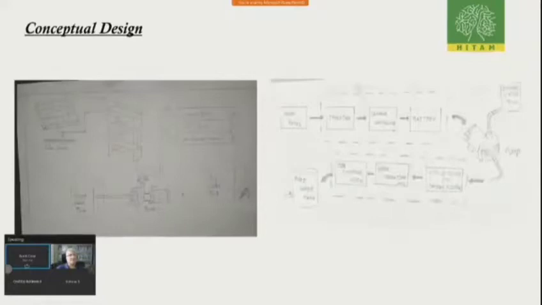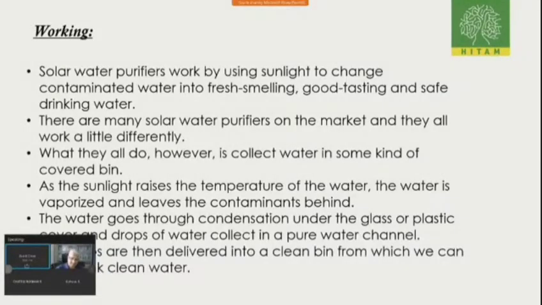This is the conceptual design of our project, which includes a detailed ideation of our project innovation. So here comes the working. This purifier mainly works on sunlight, because we are using solar panels.